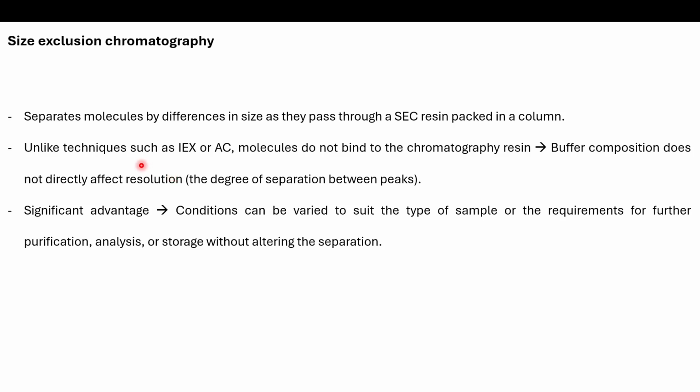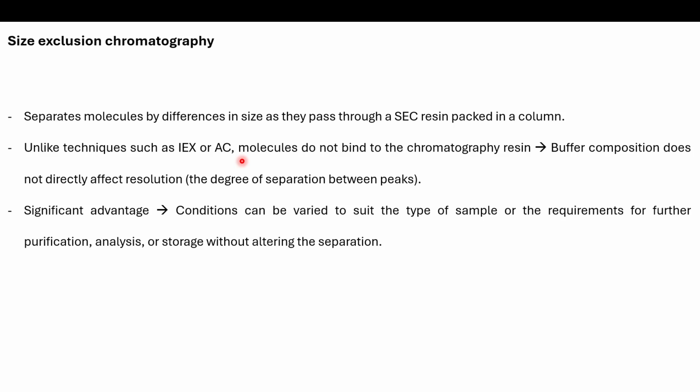In a chromatograph, in size exclusion chromatography you just have to put in your buffer and the mixture of molecules. The protein, molecule or complex of your interest should be stable in that buffer condition, and based on the particular size of your sample of interest, it will elute out at a certain volume.